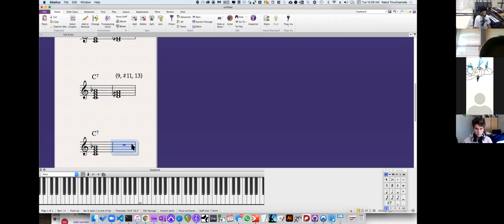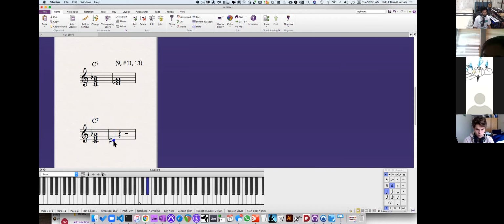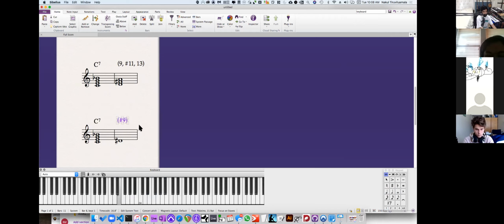Let me show you the Jimi Hendrix chord. So this is the Jimi Hendrix chord. Sharp 9. It basically has that sharp 9 in it, right?